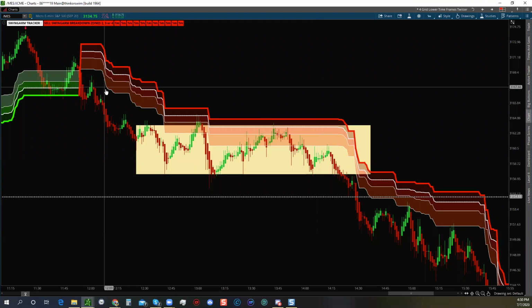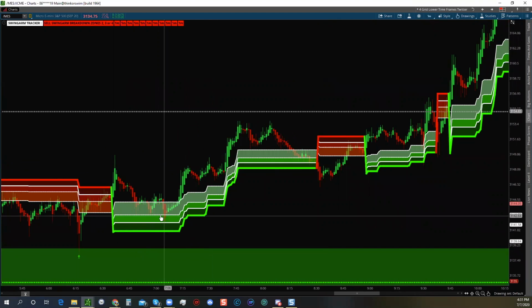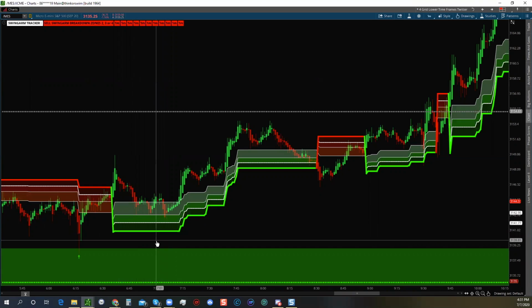So for example, in the case of the entry in the morning at 6 o'clock or 7 o'clock in the morning, the entry was into zone 3. It came here once, twice, and 3 times, didn't go all the way to zone 4. It actually touched the zone and bounced from it. So when price comes to me I take the trade and my stop is a couple dollars below the low of the swing arm initially, okay?